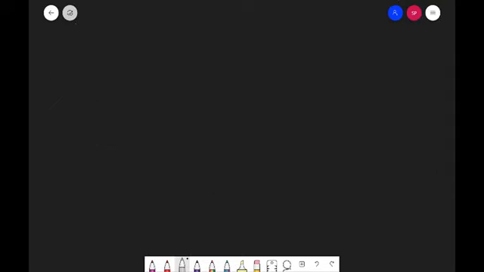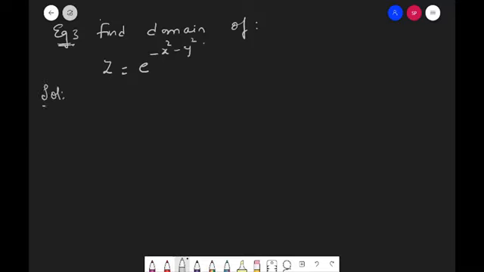Now let us look at the third example. Example 3. Find the domain of Z is equal to e power minus x square minus y square. Solution.